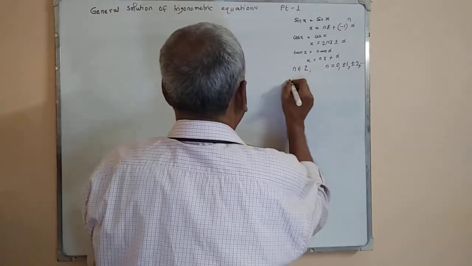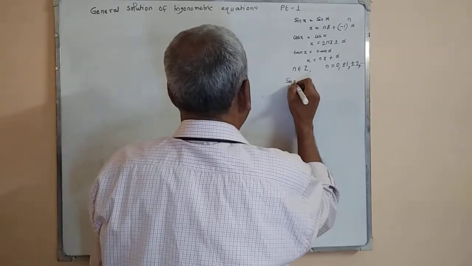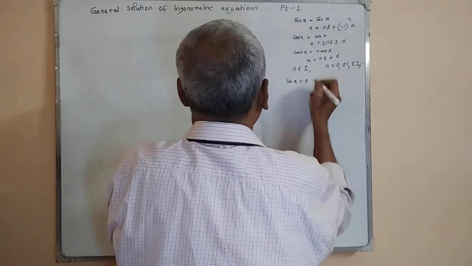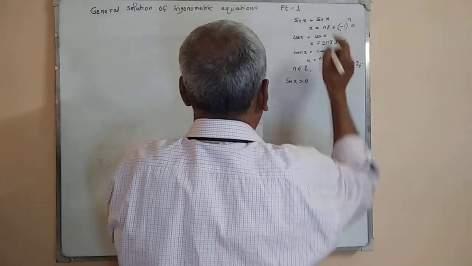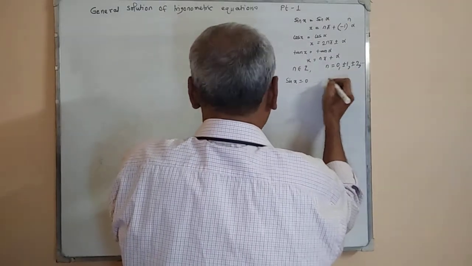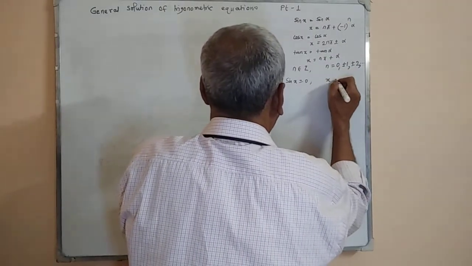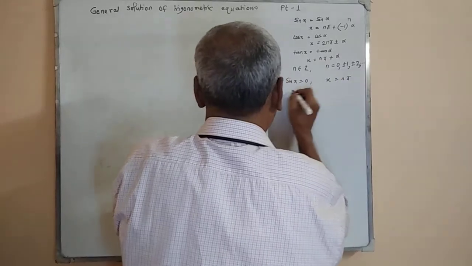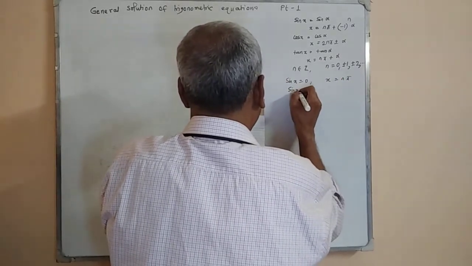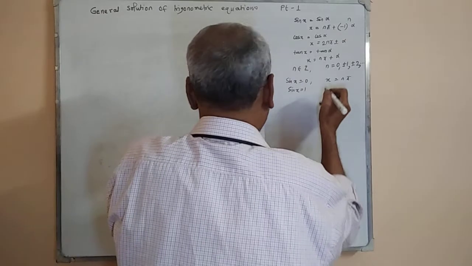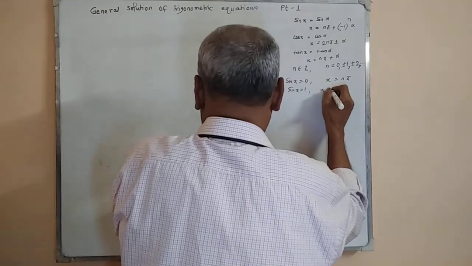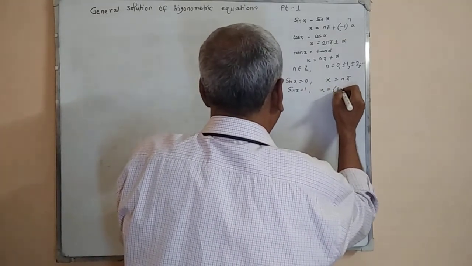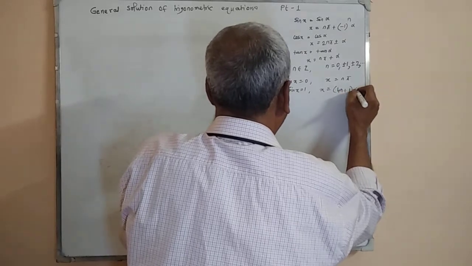Number one, if sin x is equal to 0, the particular case where alpha is 0, then x is equal to n pi. Number two, sin x is equal to 1, then x is equal to (4n plus 1) pi by 2.